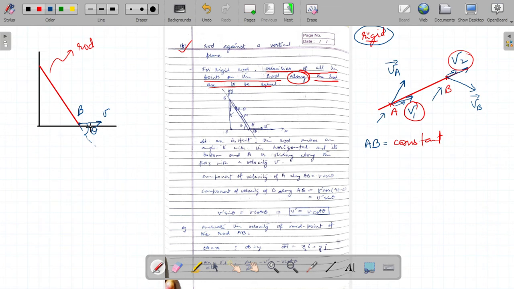So we have drawn this. This angle is theta, and the vertically opposite angle is also theta. We know that the point B would be moving along the floor, right? As the rod slides down, you can imagine that point B would be moving along the floor. Same thing can be said for point A also, except that for point A we do not know its velocity. Let's say that velocity is some V dash.